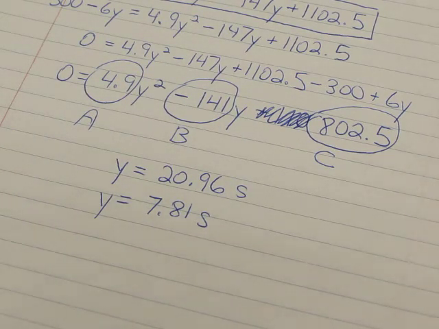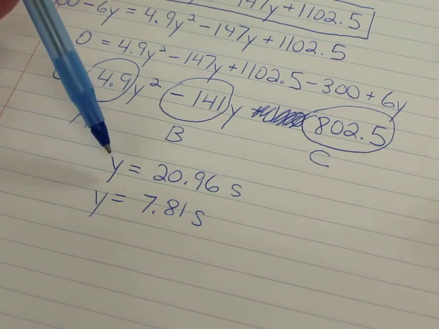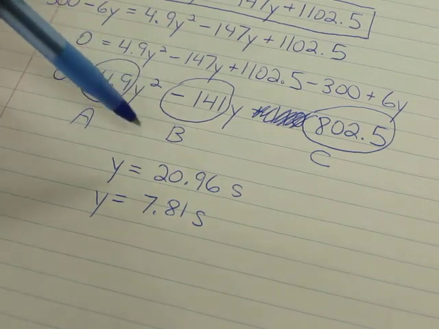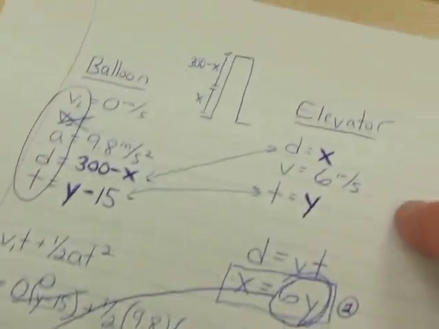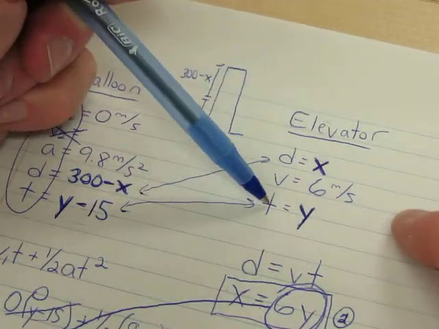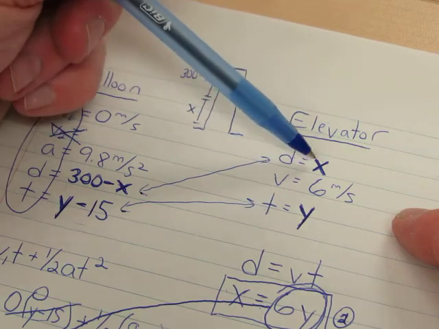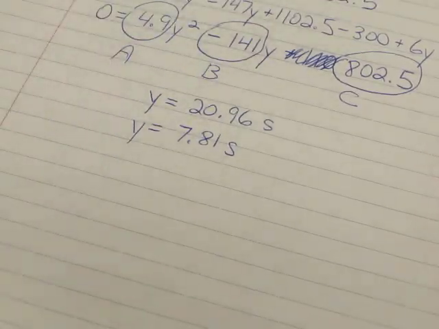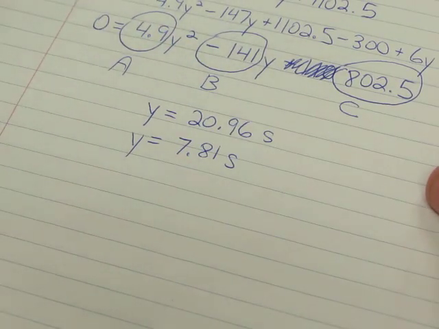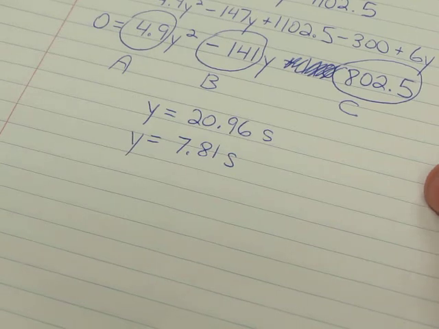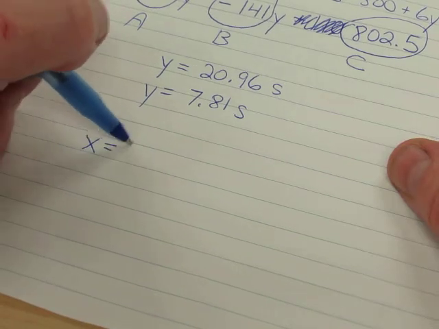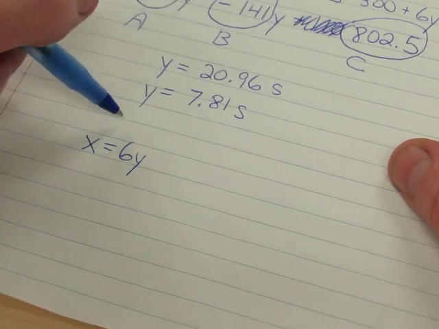But here's what happens with these questions. Just like in two equations, two unknowns in math class, sometimes when you get an answer, it's not the answer to the actual question. We solved for y. And if you look back at the givens list, y is the time for the elevator. It's not the distance that the elevator rises. So just like in math class, you'll get an answer, and you have to take that answer and substitute it into one of your original two equations. The nicest equation of the two was x equals 6y, the equation for the elevator's motion.